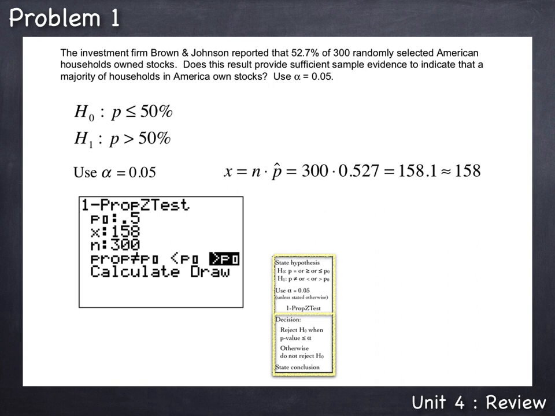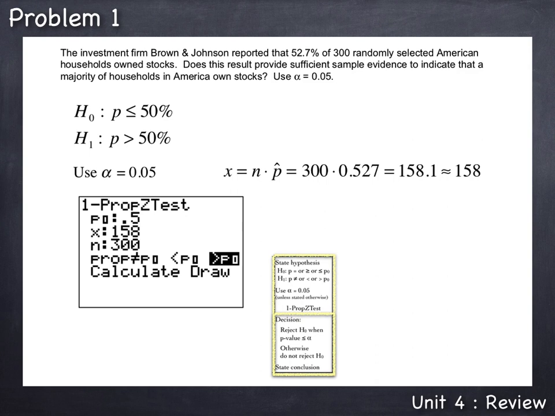So once we have the p-value, we can reach our conclusion to either reject or not reject, based on whether this p-value is less than or greater than alpha. And once we make that decision, we do the final step of the hypothesis test procedure, which is to state the conclusion. Stating the conclusion is just interpreting in context, that is, in words of the problem, what the reject H0 or the not reject H0 decision means.